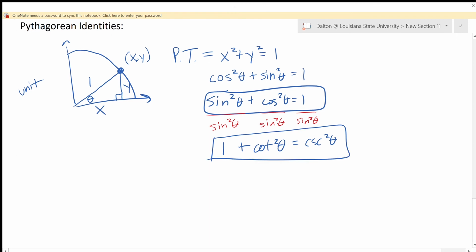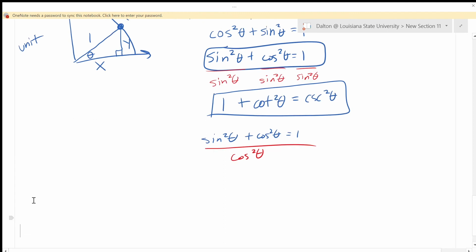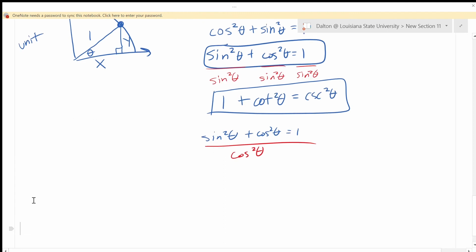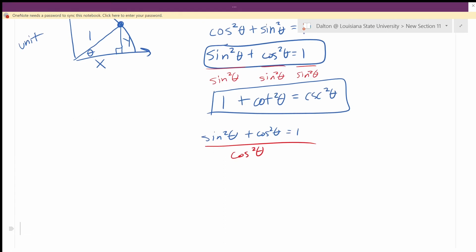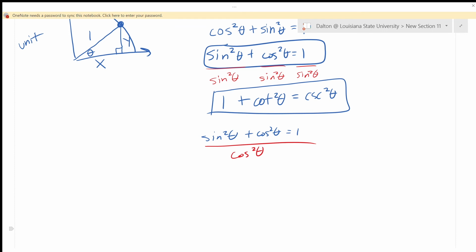Okay, we have one more. So now if we take sine squared theta plus cosine squared theta equals 1, and instead of dividing every term by sine squared theta, let's divide every term by cosine squared theta. What is sine squared theta divided by cosine squared theta?